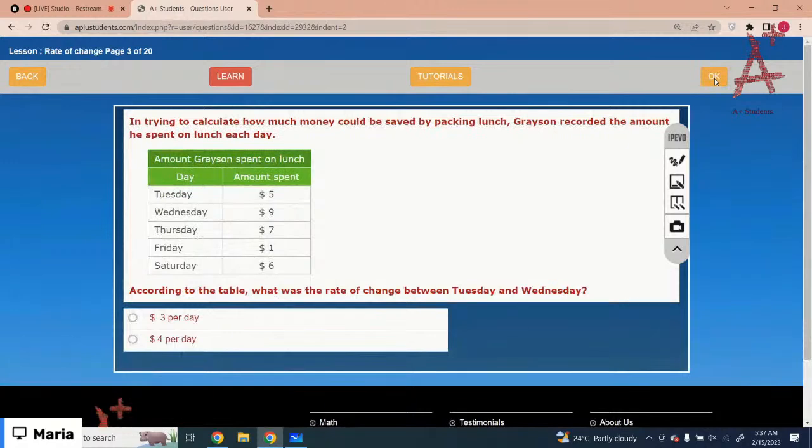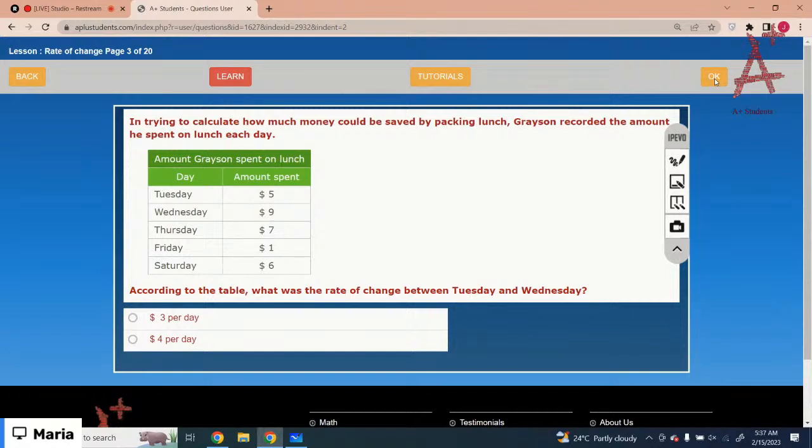Okay, the next one is, in trying to calculate how much money could be saved by packing lunch, Grayson recorded the amount he spent on lunch each day. According to the table, what was the rate of change between Tuesday and Wednesday? On Tuesday it is $5, and on Wednesday it is $9.